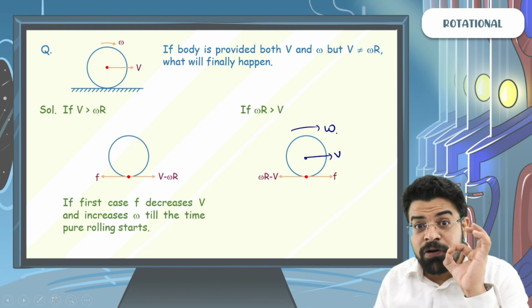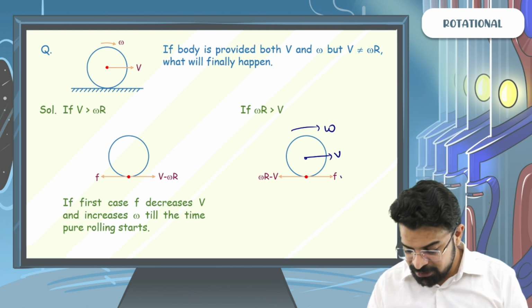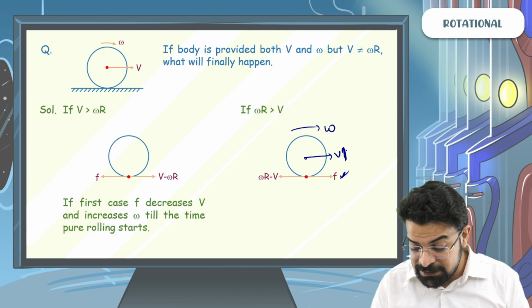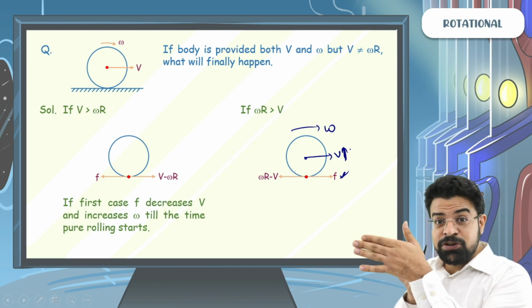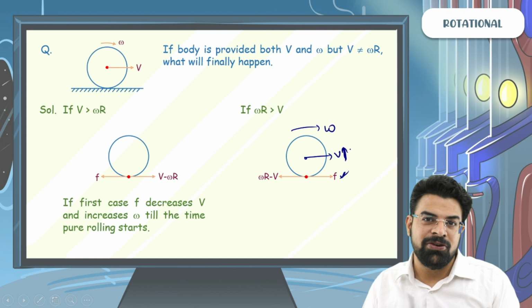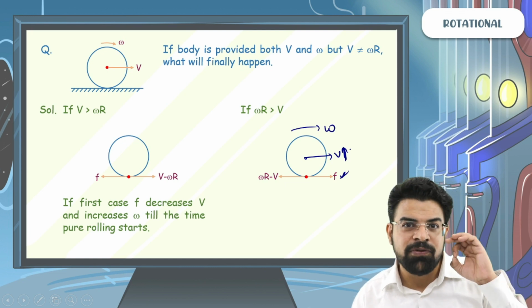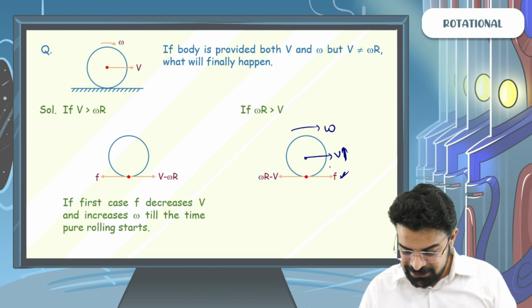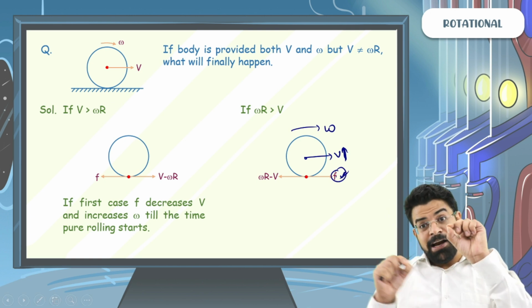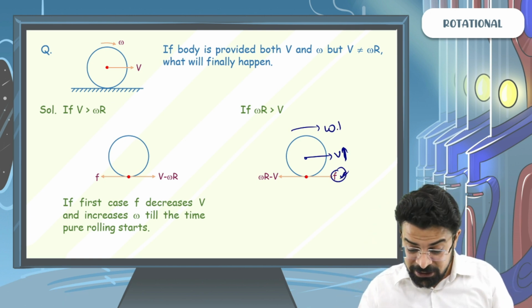What is this forward friction force trying to do? So this forward friction force is trying to increase the velocity, because velocity is forward, friction force came out to be forward, it is trying to increase the velocity. What is this forward friction force trying to do with the omega? Sir, this forward friction force provides an anti-clockwise torque, so it is trying to decrease the omega.